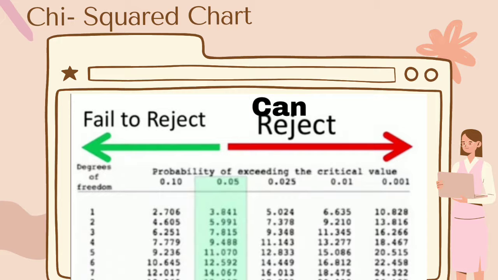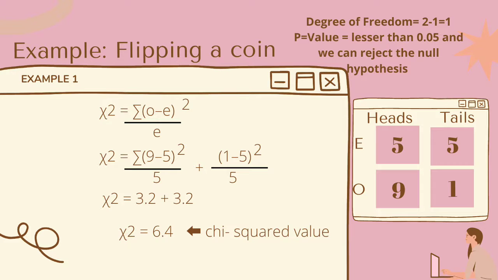Nakasabot ra? Balik ta sa example 1. Ang chi-squared value kay 6.4 and ang degrees of freedom kay 1. So tan-awon naton sa chart kung mas dako pa ba or mas gamay ang 6.4 sa p-value nga 0.05, which is ang critical value kay ang 3.841.